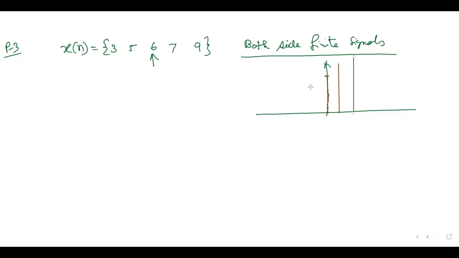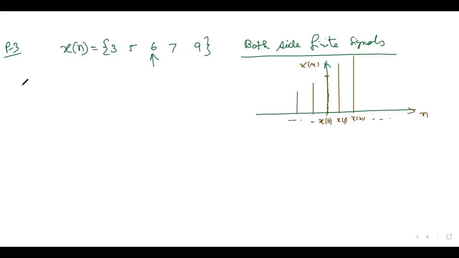Here it is 5, and here it is 3. So that means this is the sample at the origin, this is n, xn. This is x0, this is x1, this is x2, and so on. And this is x minus 1, and this is x minus 2.